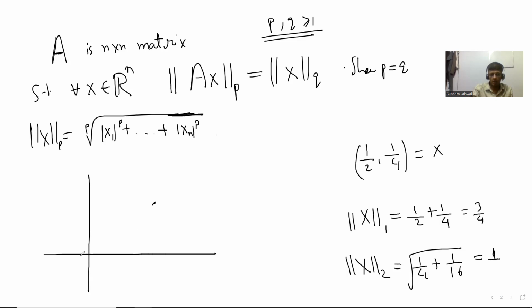If you take a point, a vector x in 2D, then the two length is this length, and the one length is actually this plus this. Then this is the triangle inequality.